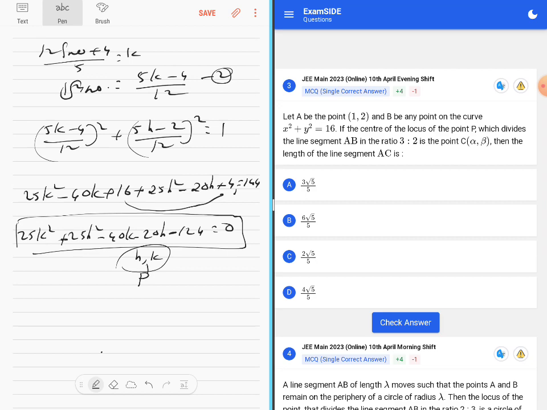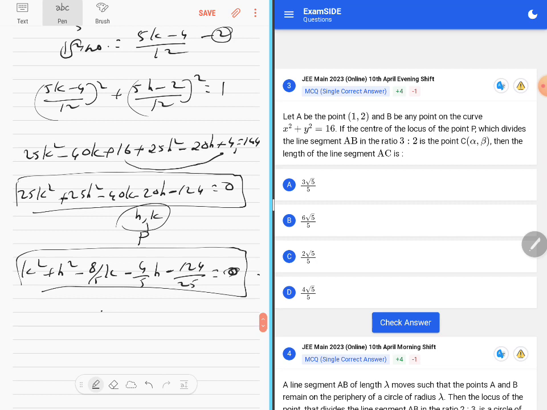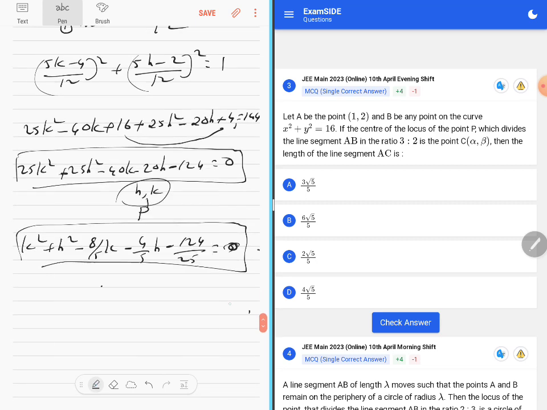So if the center of this is (alpha, beta), let's find the center of this. This itself is like an equation of a circle. You can find the center of the circle by dividing by 25: 40 by 25, which is 8 by 5, so minus 8 by 5 k, minus 20 by 25, which is 4 by 5, h, minus 124 by 25 is equal to 0 is the equation of that circle which is passing through the point P. And you know therefore the center of that will be 4 by 5 with a positive sign and 2 by 5.